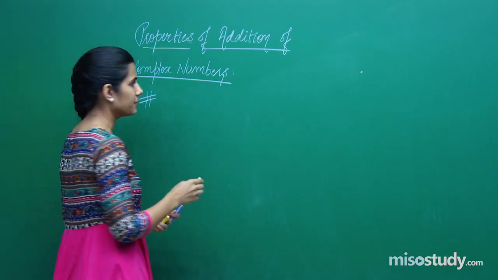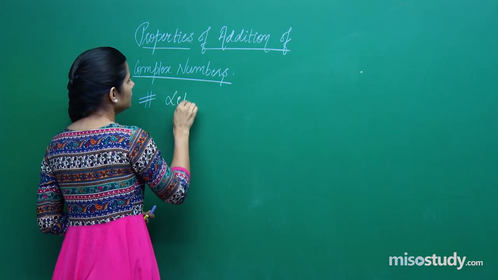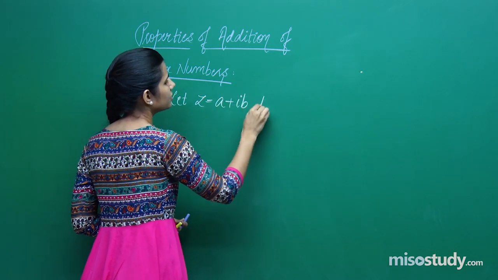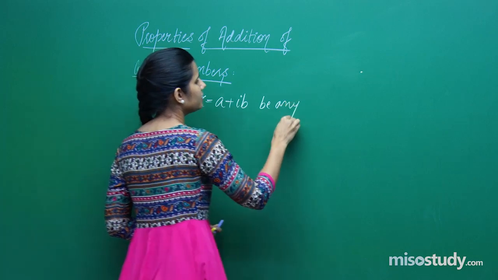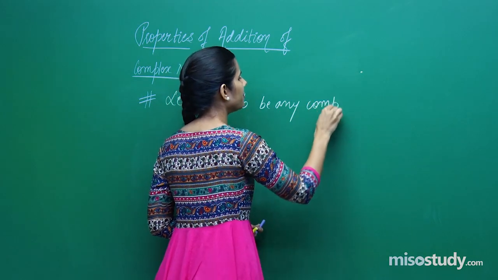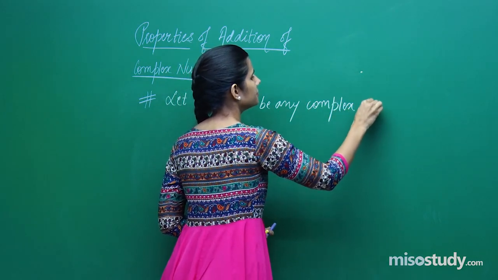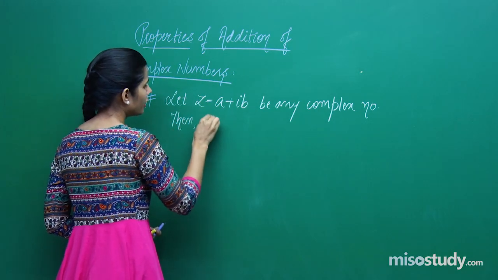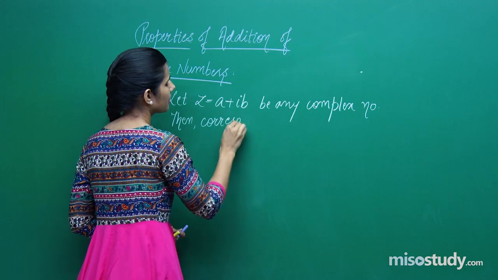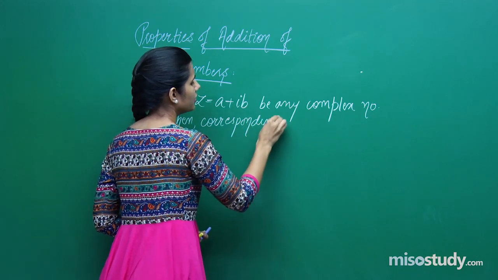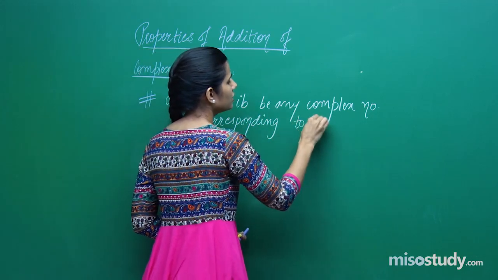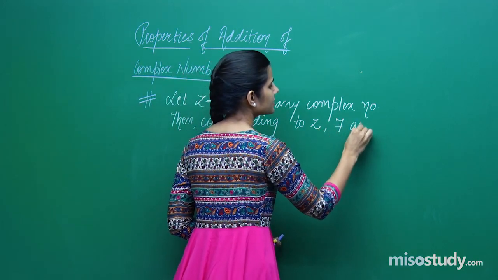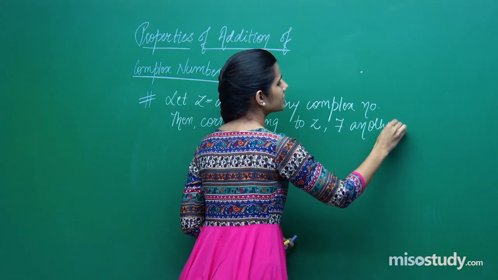What is this complex number? I am saying let z be equal to a plus iota b. Let this be any complex number. Then corresponding to the complex number z, there exists another complex number.